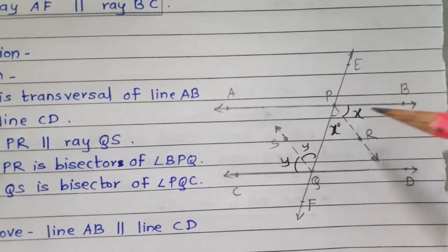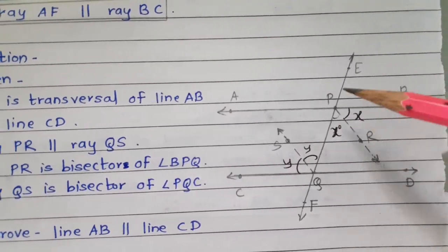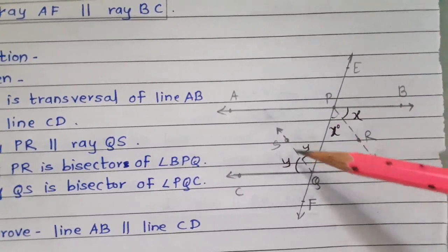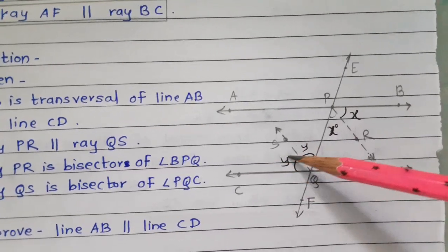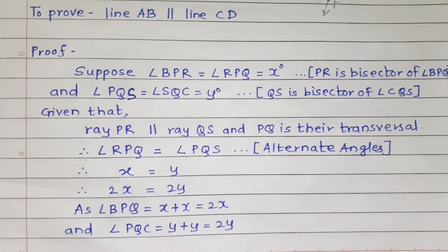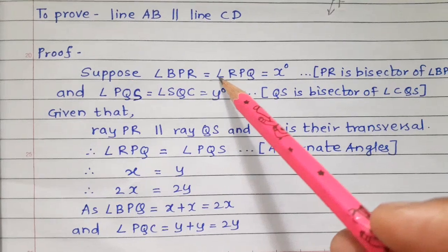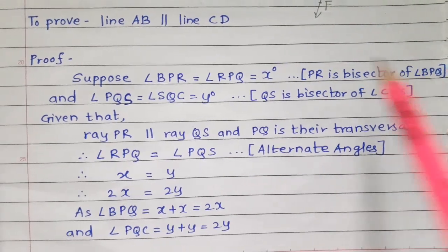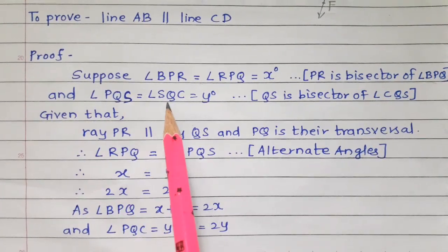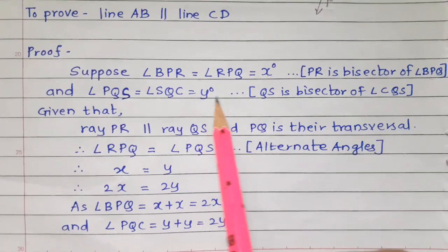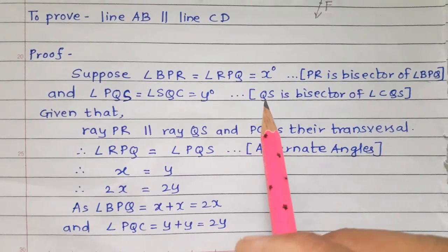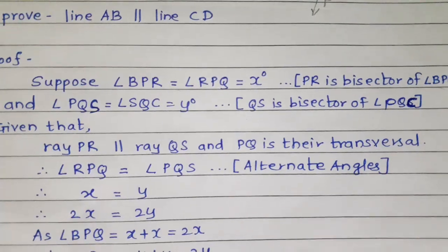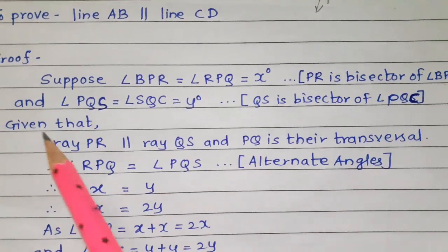Suppose that BPR is x degrees and RPQ is also x degrees, and PQS is y degrees and SQC is also y degrees. Angle BPR equals RPQ equals x degrees, because PR is the bisector of angle BPQ, and angle PQS equals angle SQC equals y degrees, the reason being QS is the bisector of angle PQC.